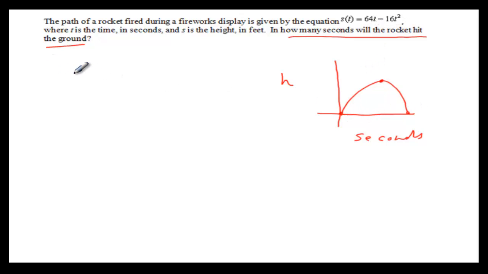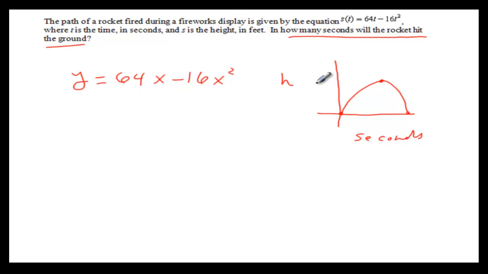Let's write this function. s of t is the same as y, and t is the same as x. So if you get confused between the t and the s's, you can just convert it very simply to y equals 64x minus 16x to the power of 2. That's very easy.